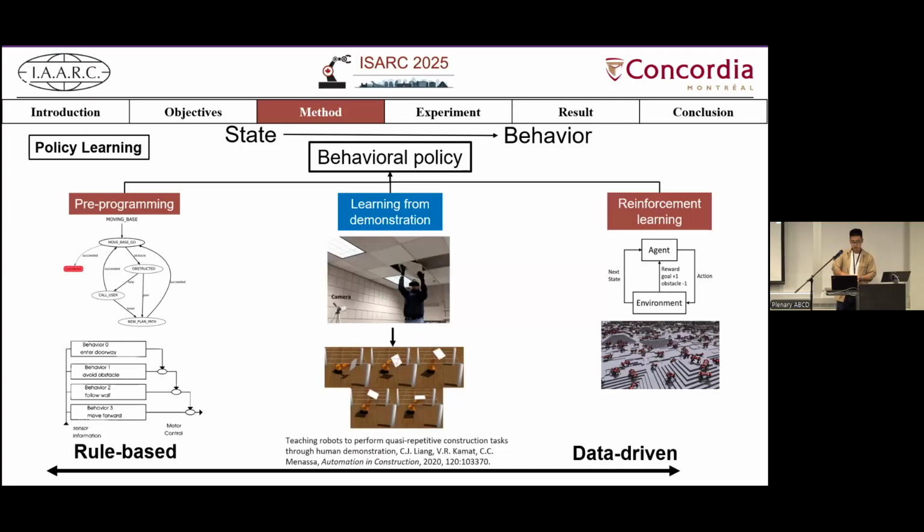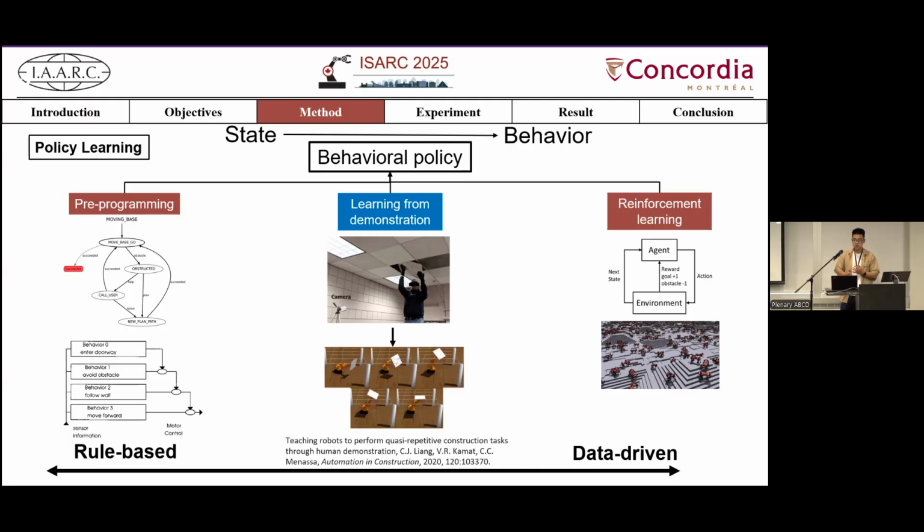The pre-programming method is a rule-based method that relies on humans to set a lot of rules in advance. And the reinforcement learning method is a data-driven method that relies on the reward function to guide the robot to learn behavior policy through trial and error or using a large amount of data.